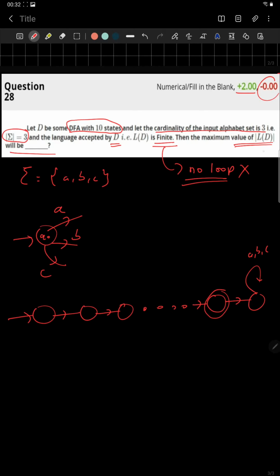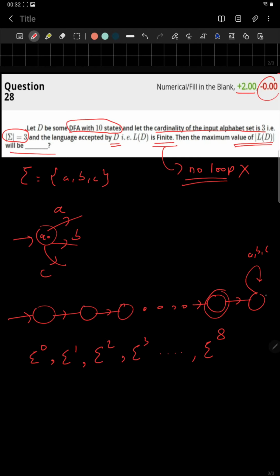We have to just find the number of strings in the language. So a string can be of length 0, or length 1, or length 2, or length 3, and so on. The maximum length could be 8. Why 8?